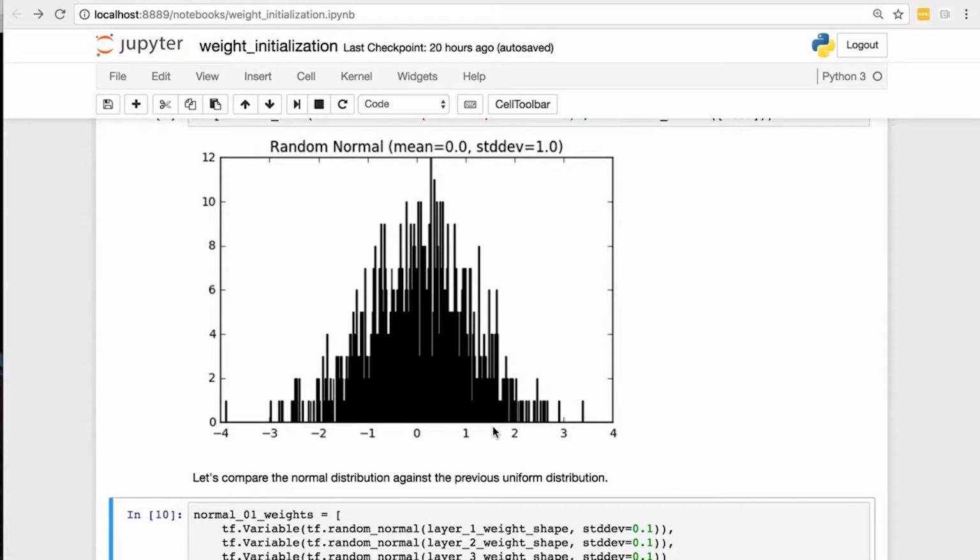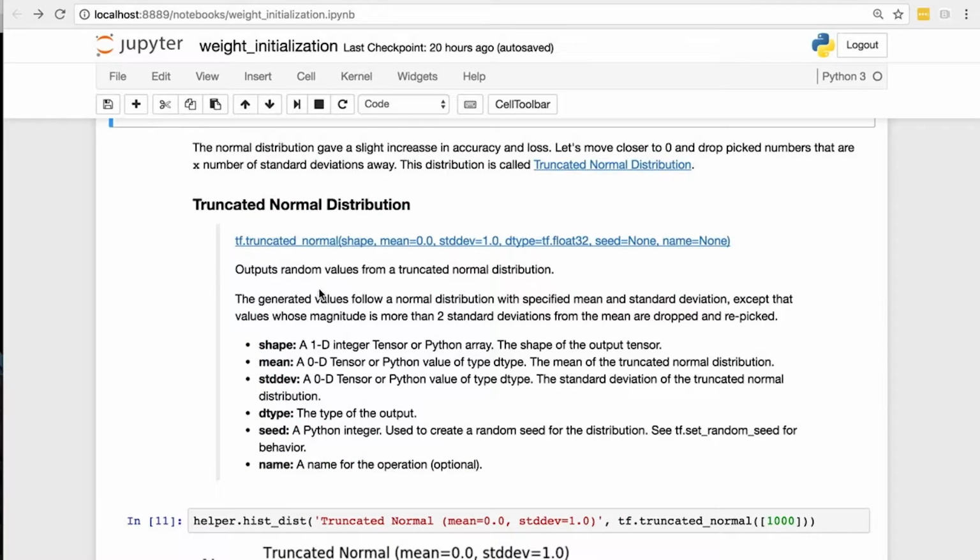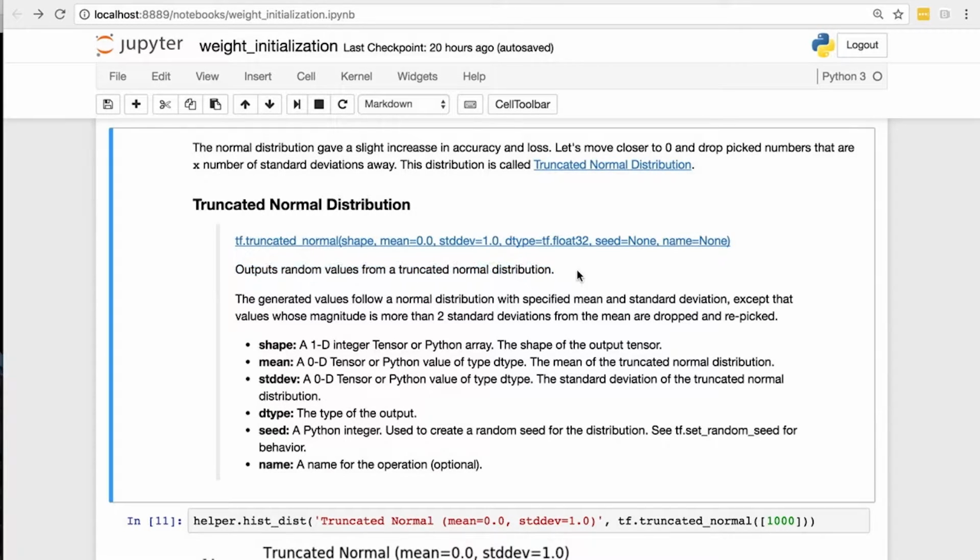And this kind of distribution is called a truncated normal distribution. So it's truncated because you're cutting off the tails here. Again, TensorFlow provides this for us, so truncated normal. You can use this function to initialize your weights using a truncated normal distribution. So what this does is it generates numbers from a normal distribution, except where the values have a magnitude that is more than 2 standard deviations from the mean.